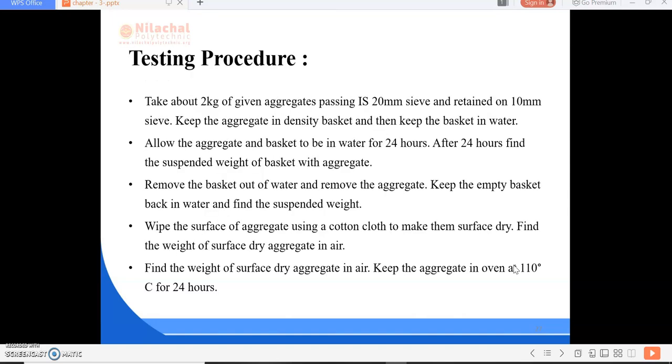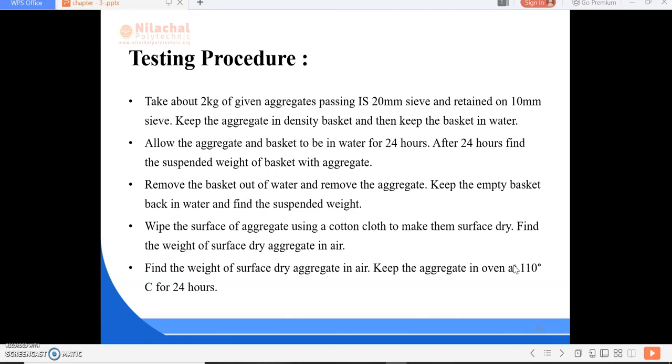So what is the test procedure? Take about 2 kg of given aggregate passing the IS 20 mm sieve and retained on the 10 mm sieve. Keep the aggregate in the density basket and then keep the basket in water. Allow the aggregate and basket to be in water for 24 hours. After 24 hours, find the suspended weight of the basket with aggregate.